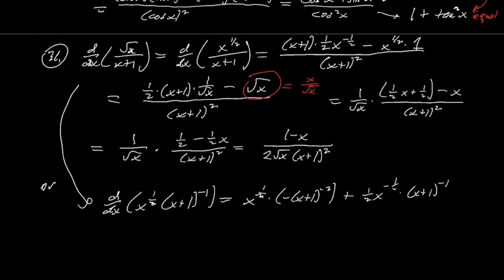You should basically get about the same thing as before. You could write this as minus root x over x plus 1 quantity squared plus 1 over 2 root x times x plus 1, something like that, which I claim is the same thing.